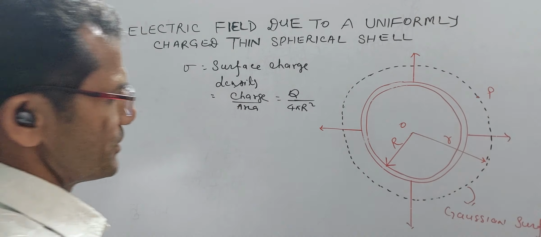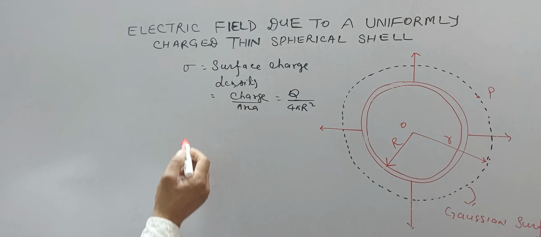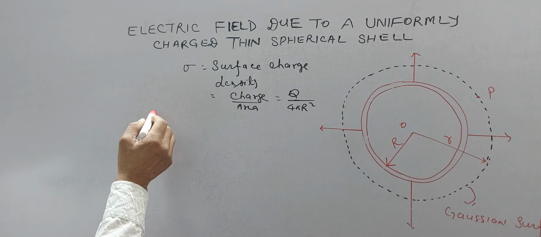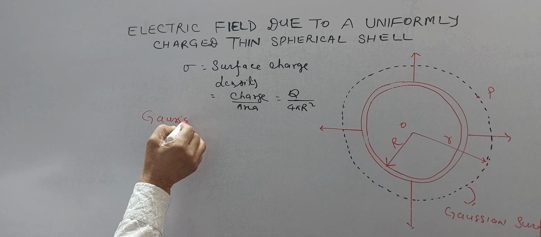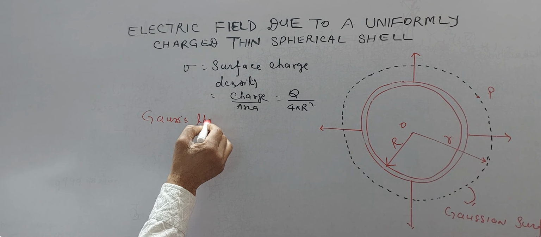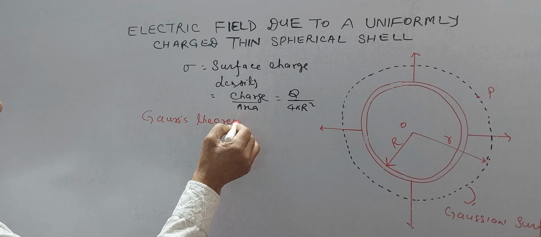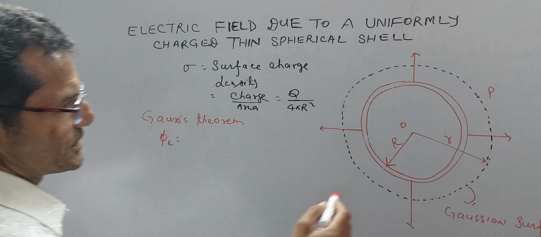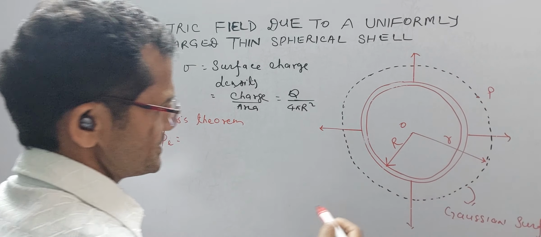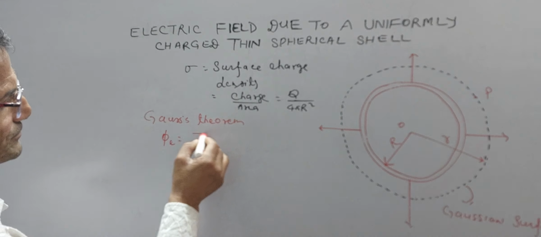Now we can use Gauss's law. Gauss's law says that the total electric flux is equal to the total charge inside this Gaussian surface divided by epsilon naught.